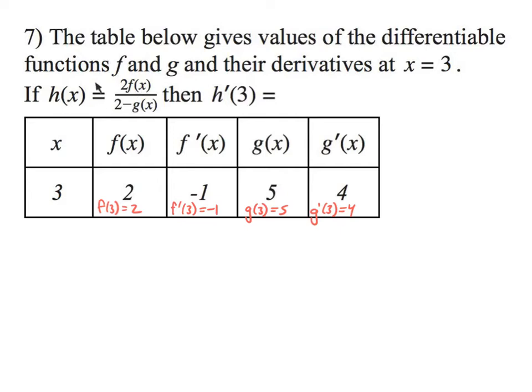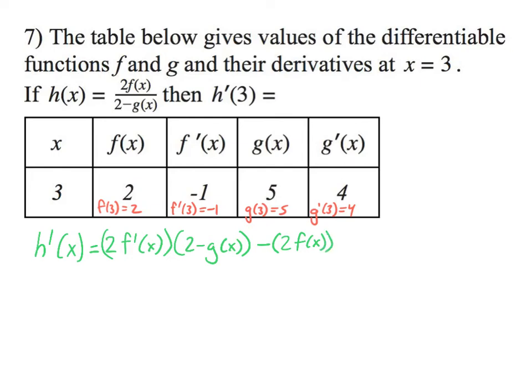So we're going to take the derivative of this and plug in 3. Now here we go. So the derivative of h is going to be a quotient rule. So the derivative of 2f of x is 2f prime of x. That would be the derivative of the first piece, times leave the second piece, 2 minus g of x, minus, leave the 2f of x, and then take the derivative of 2 minus g of x, which would be negative g prime of x.